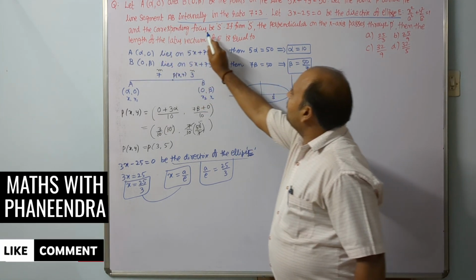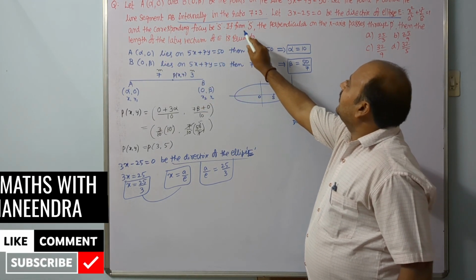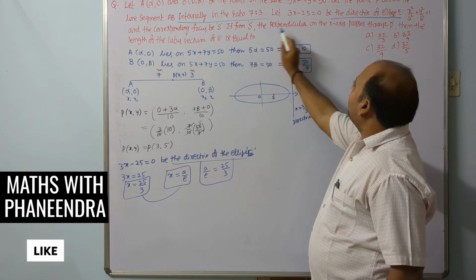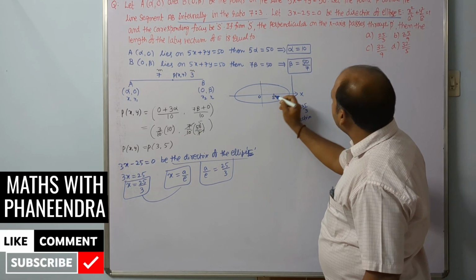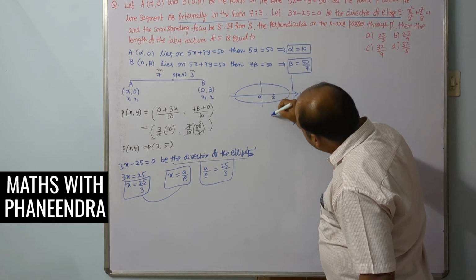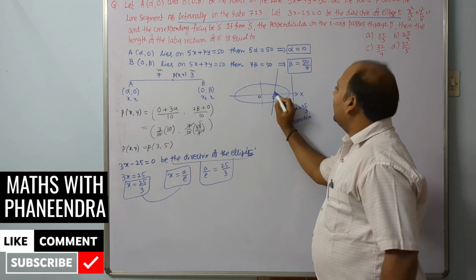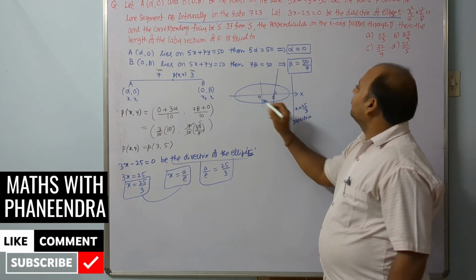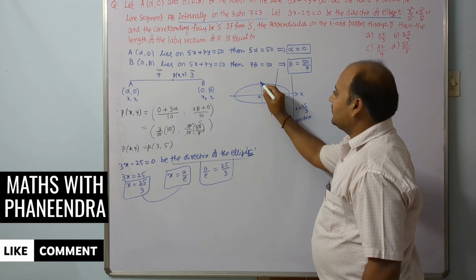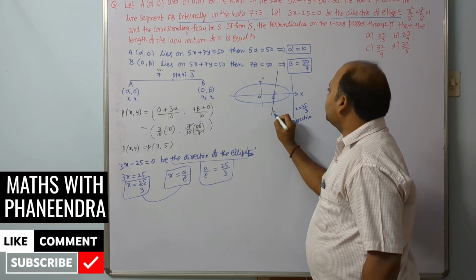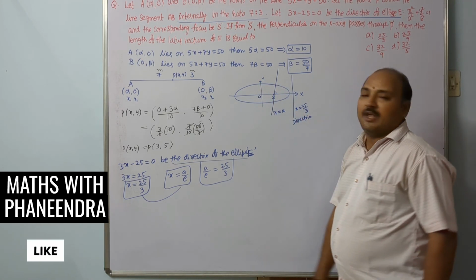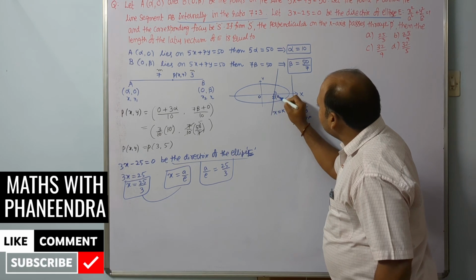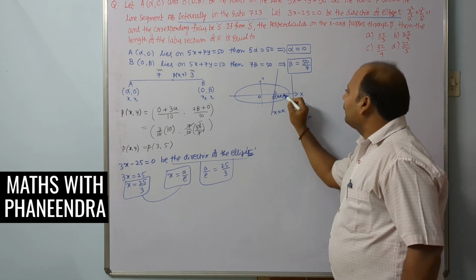The corresponding focus is S, and the perpendicular from S on the x-axis is perpendicular to the x-axis and parallel to the y-axis. It is in the form of x is equal to k. What is this, dear students? Focus means S(ae, 0) only, no?